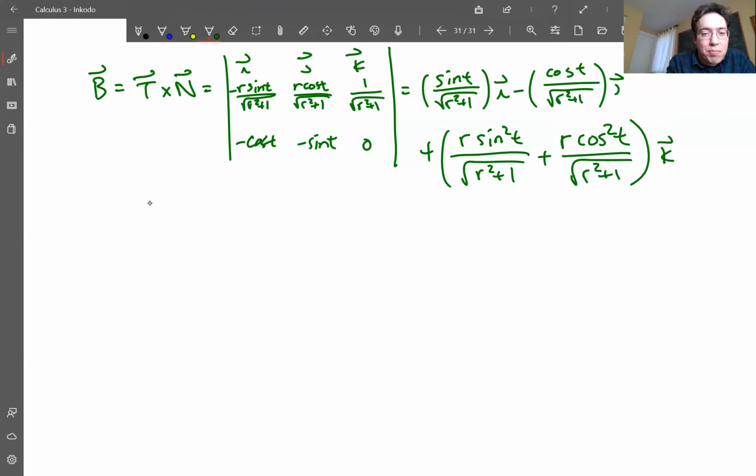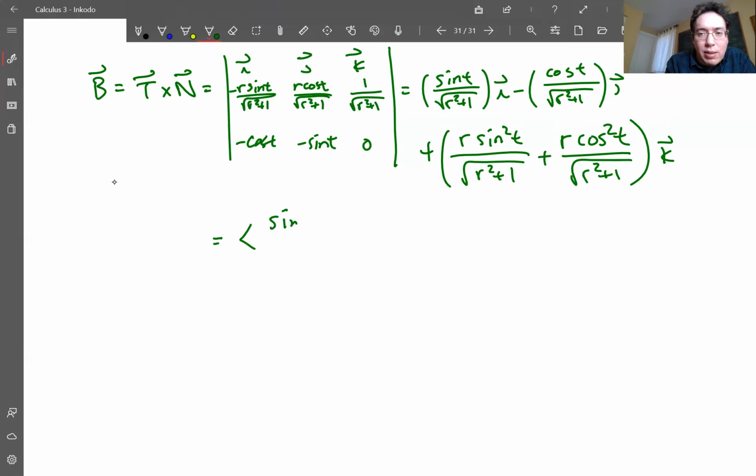So let's see what simplifies. This becomes sine squared plus cosine squared. So all we are left with is the coefficient of those.